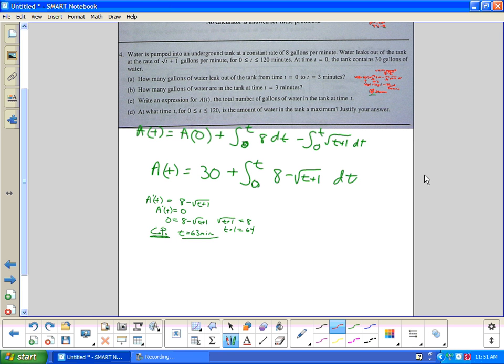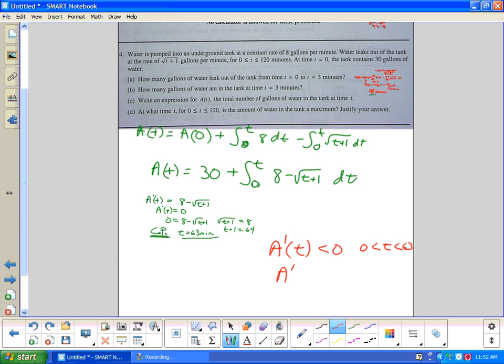When I look at the answer sheet right now, they do it by saying A prime goes from positive to negative. All right? So you can do that. You can say A prime of t is greater than 0 for t from 0 to 63. Oh, I'm sorry, I did that backwards.